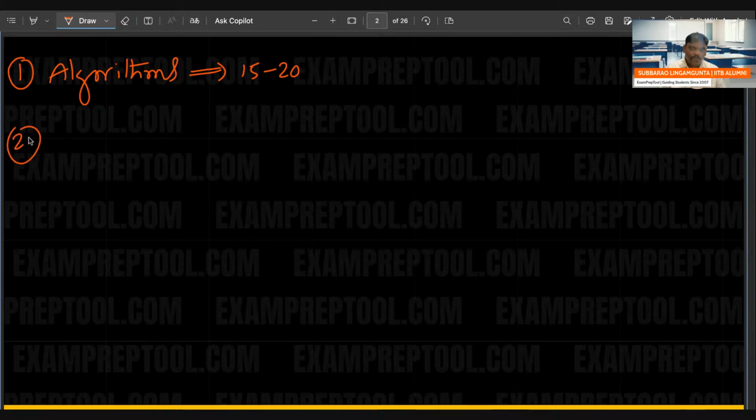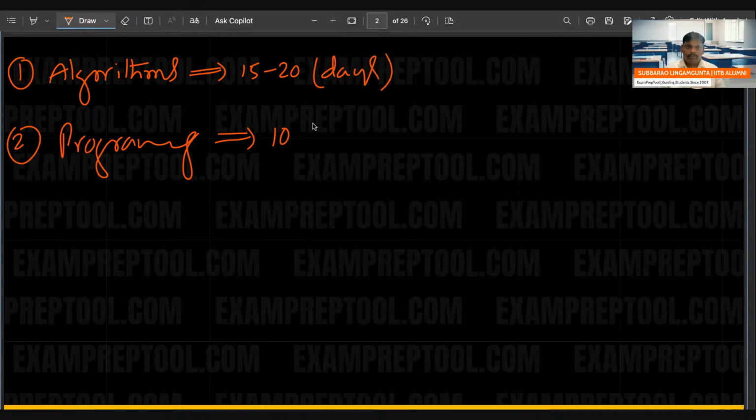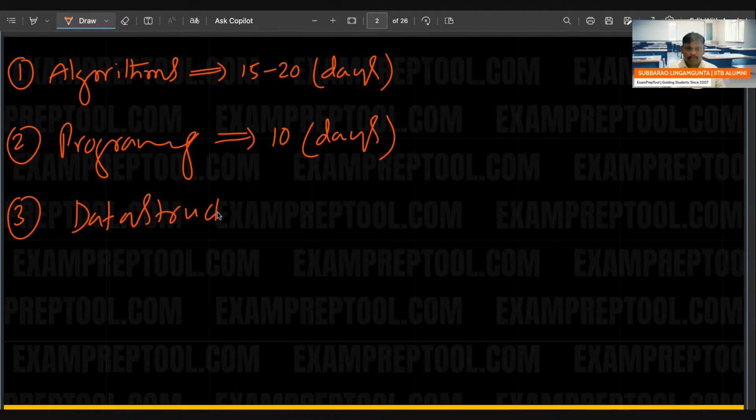Second one, programming will start. It will take approximately 10 days. Third one, data structure. It will take 15 to 20 days.